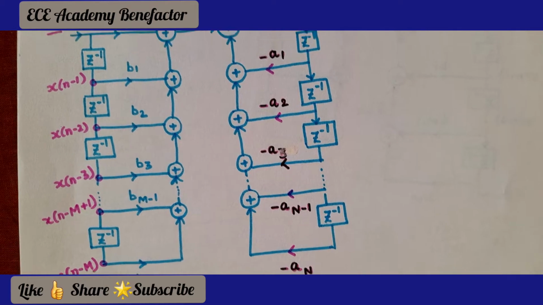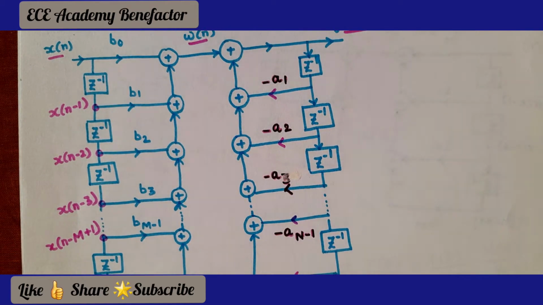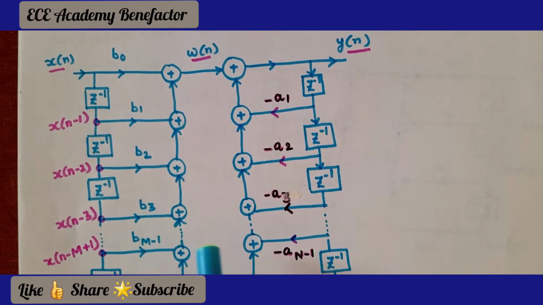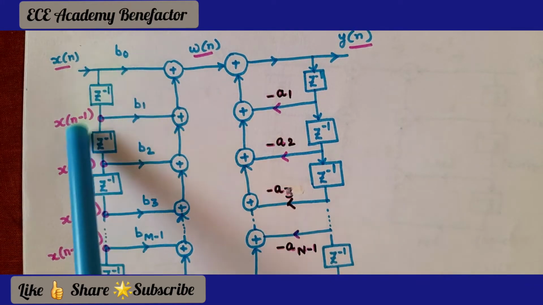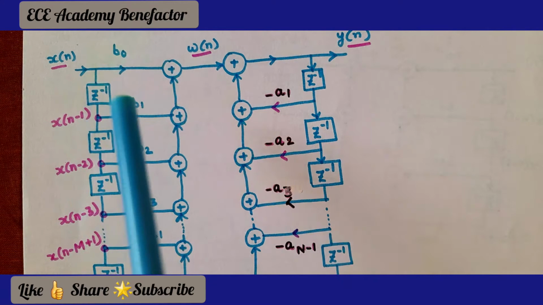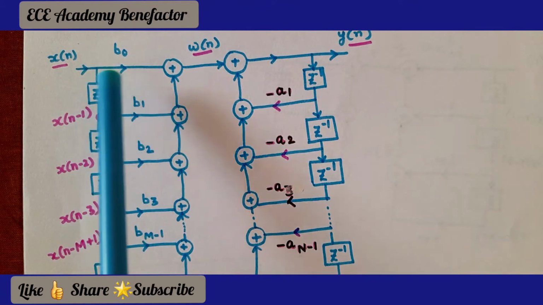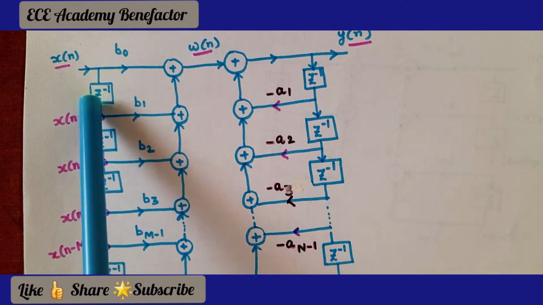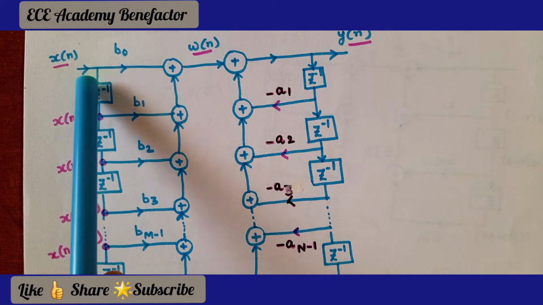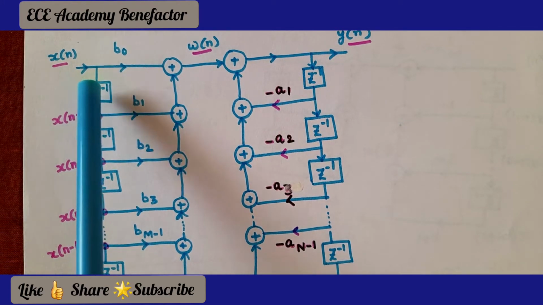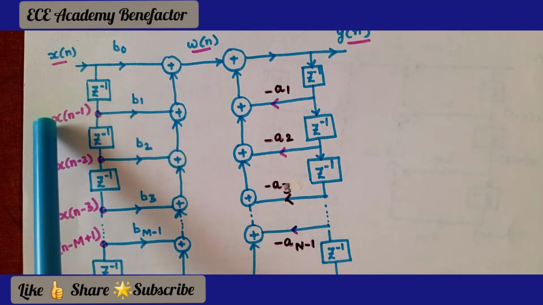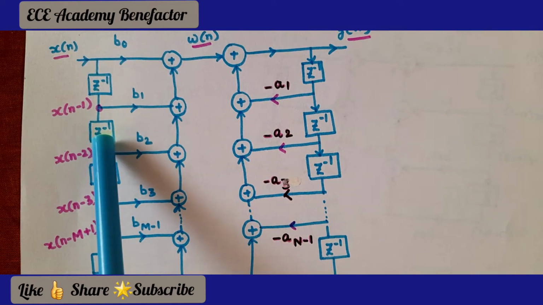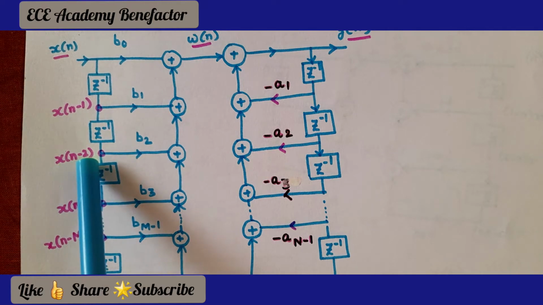This is how we have to draw the direct form 1 structure. At the input side this structure is coming, z to the power minus 1. When you give x of n and it is passed through this delay element, it will become x of n minus 1. When this x of n minus 1 is passed through z to the power minus 1, it will become x of n minus 2.